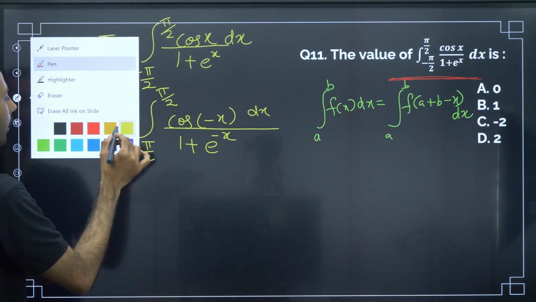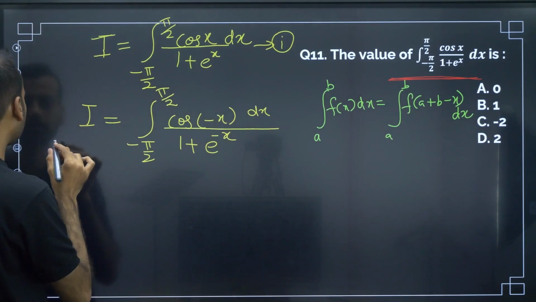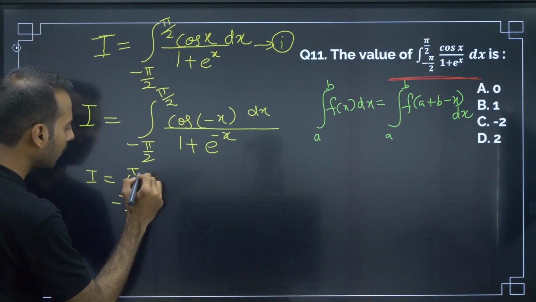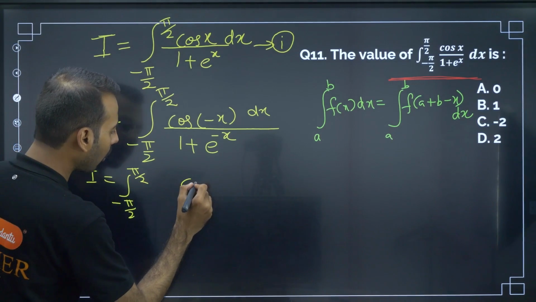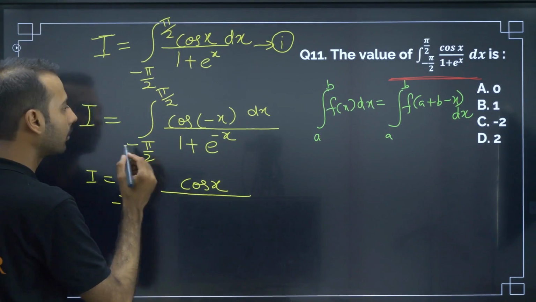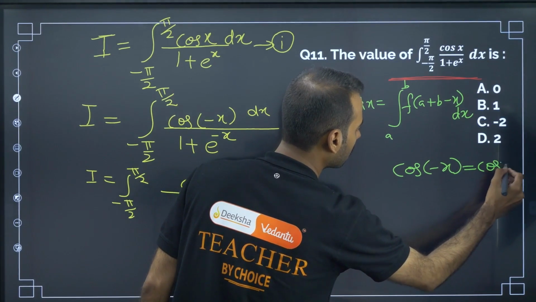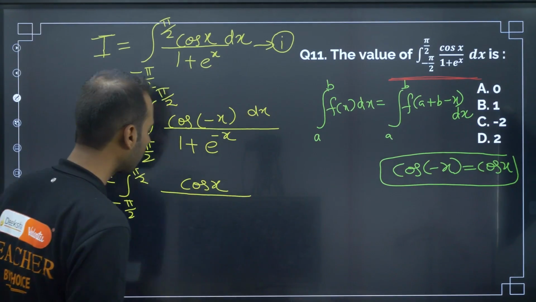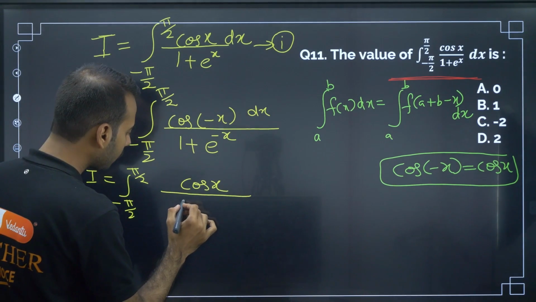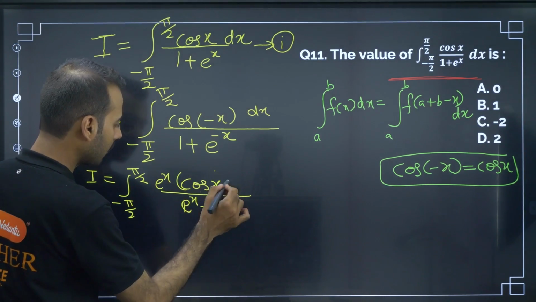Let me mark this as equation 1. Next, if I simplify this, the integral from minus pi by 2 to pi by 2, cos of minus x is cos x, from trigonometry, by e raised to x plus 1, e raised to x cos x.